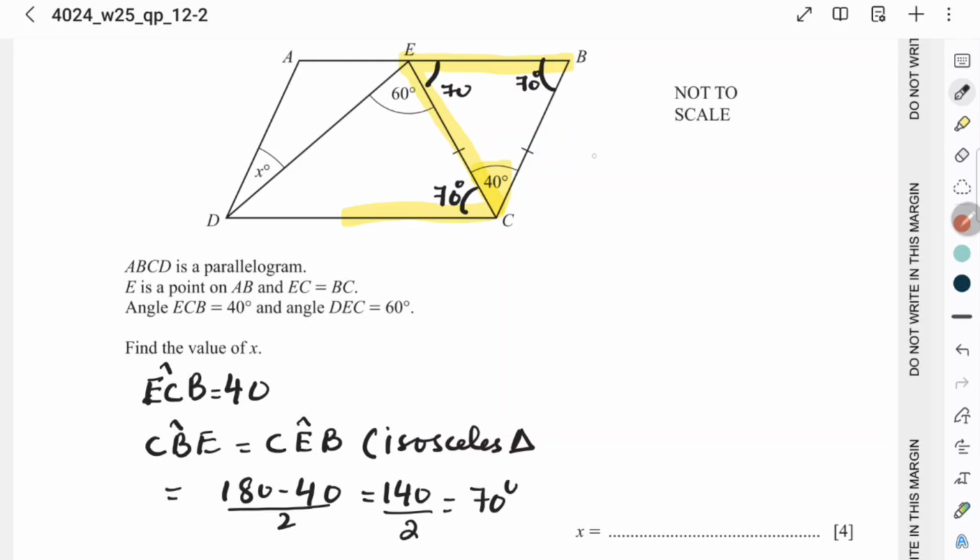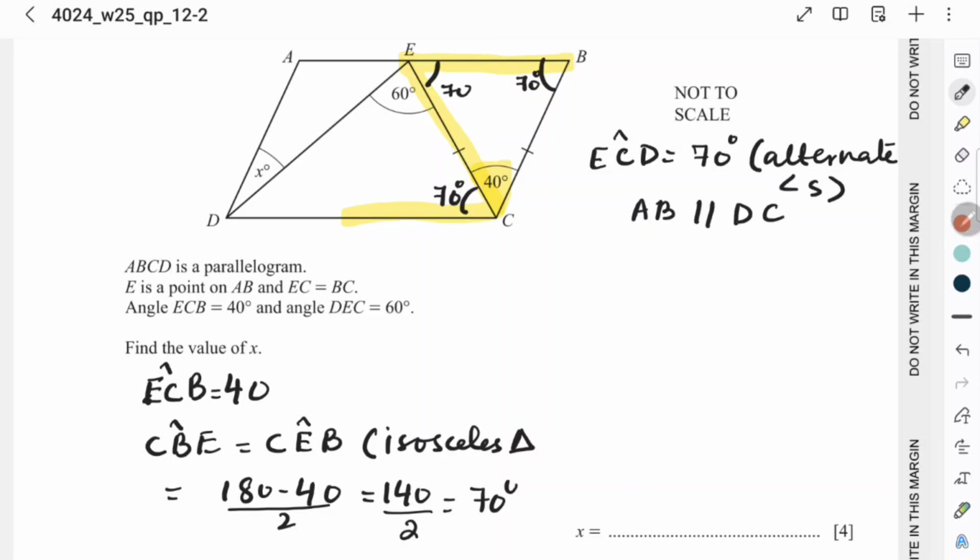All right, so angle ECD is equals to 70 degrees, alternate angles, because you have the line AB is parallel to DC. All right, so then afterwards we can easily find out the rest of the angle in triangle EDC.